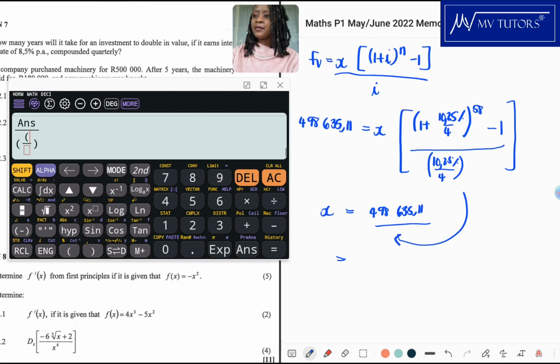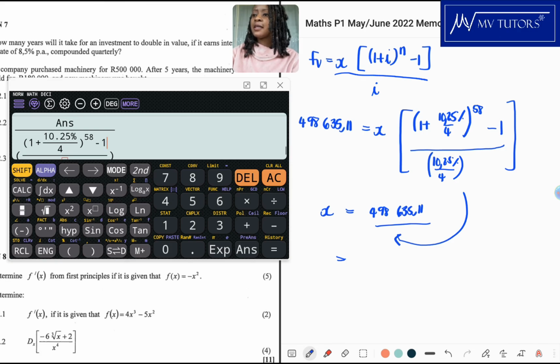So I have 1 plus 10.25%, and this is where you are hoping that the calculator does not crash on you. This is to the power 58, and then minus 1.